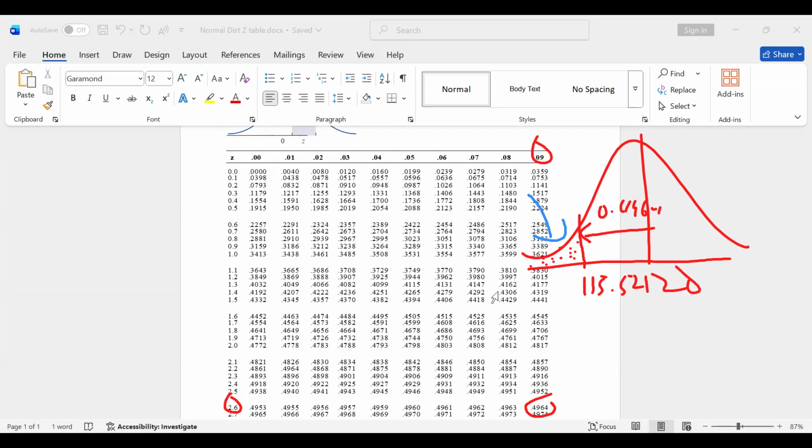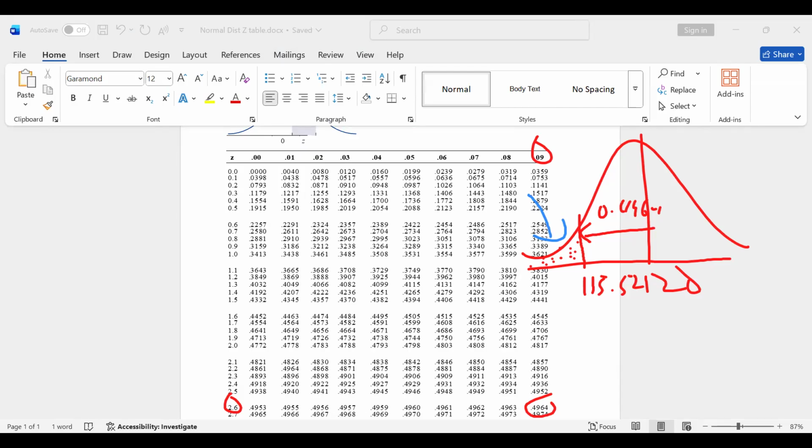And when you subtract it from 0.5, what do you get? 0.5 minus 0.4964. Oh, sorry, 0.0036. Good.